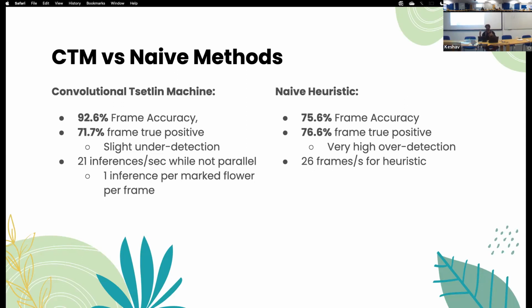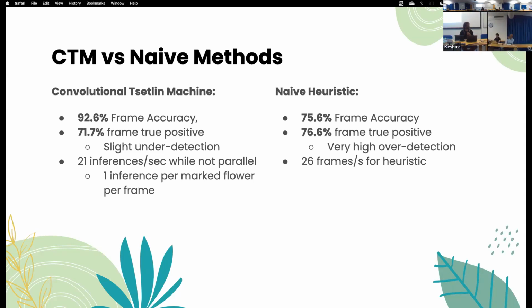This is compared to the much faster naive heuristic, which was able to run at 26 frames per second. However, again, we're talking about running something that is meant to be run essentially entirely in parallel, sequentially. And if embedded or at least sped up, I believe that this inference rate would increase drastically.